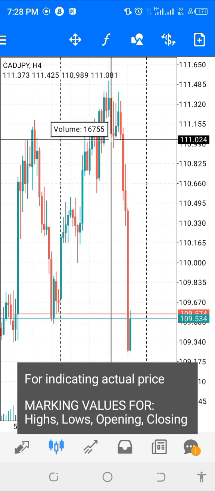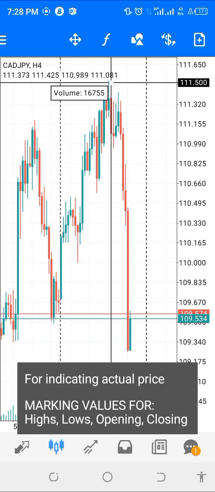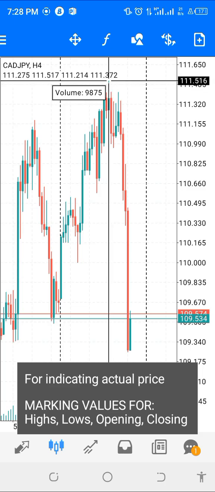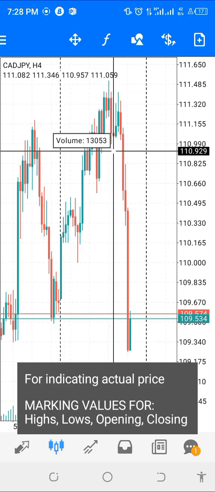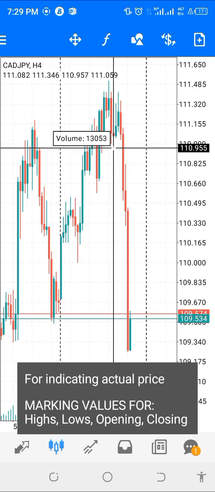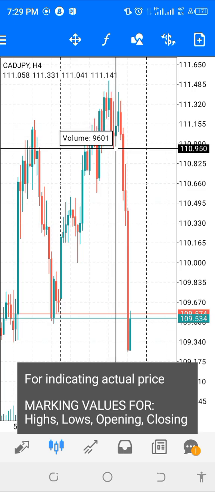So at the top now I can see this top here is 111.516. That is the price at this particular high. Then look at this low, 110.955. So this is the market price at this low.